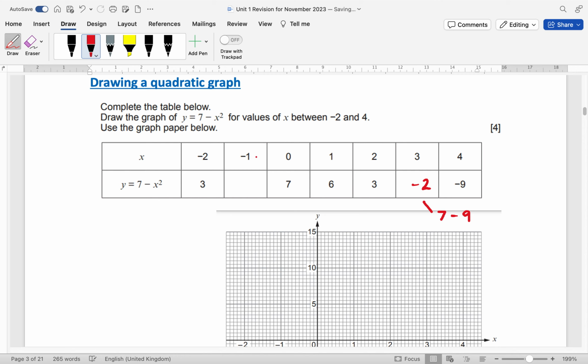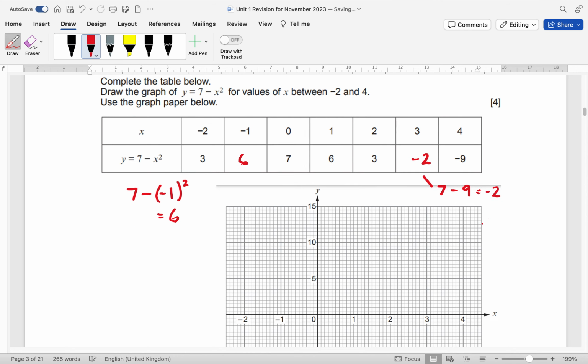If you square a number, it doesn't matter if it's negative or positive, the answer is positive. So it's 7 minus, and -1 squared is 1, so it's 7 take away 1, so that's 6. Should have put equals -2 there.